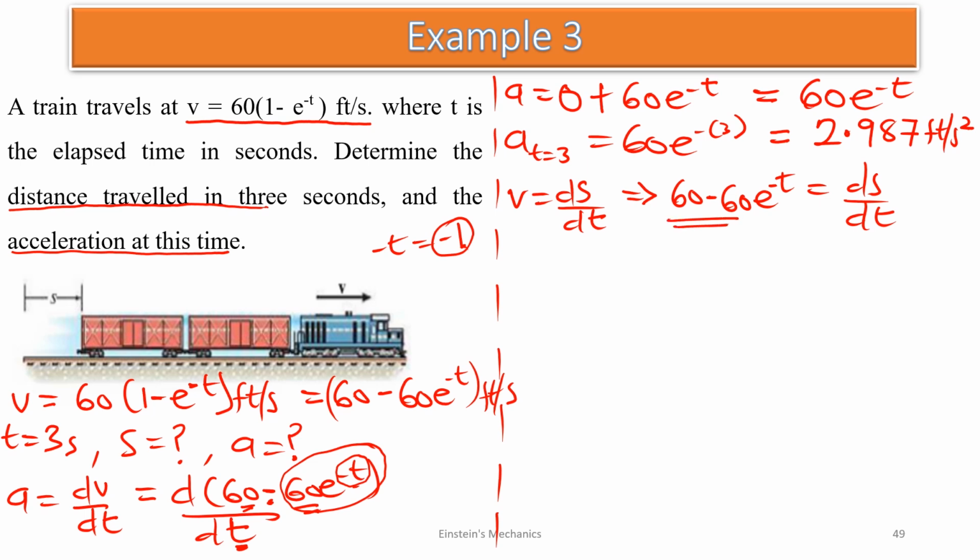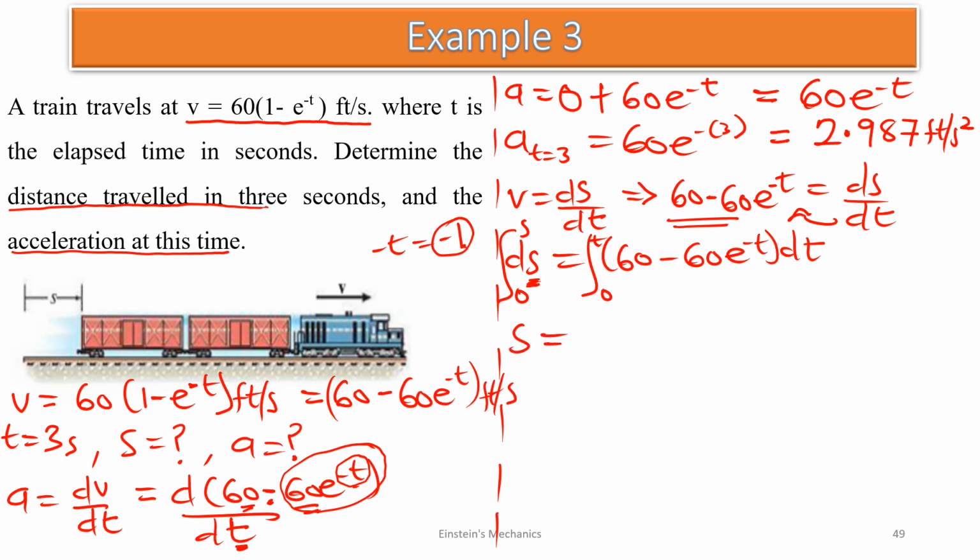This is in terms of t, so the dt can come across, such that ds equals 60 minus 60 e^(-t) dt. We apply the integral from 0 to s. Now we are interested in time from 0 to 3. If we integrate the left hand side, we get s.